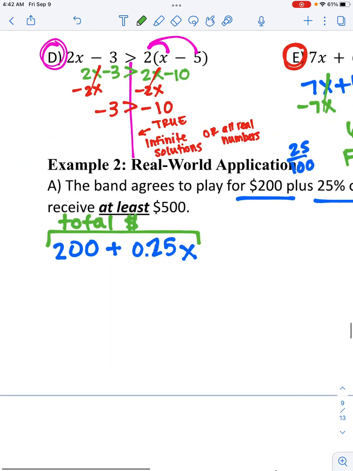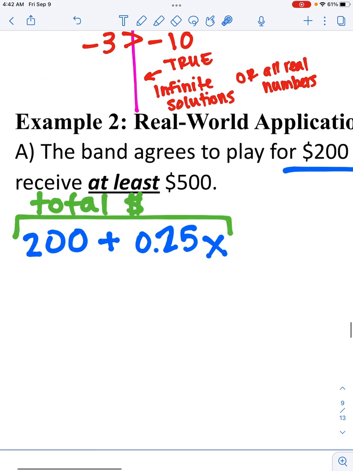And so then to set up the other side of my inequality, we're using this last piece, that the band wants to receive at least $500. So at least $500 would mean that $500 is the smallest amount they want to make. So if they only made $400, that would not satisfy this. If they made $600, that would satisfy this.